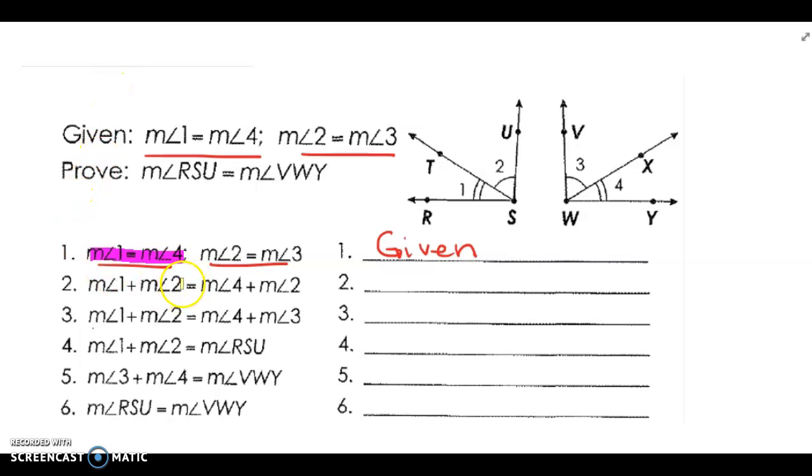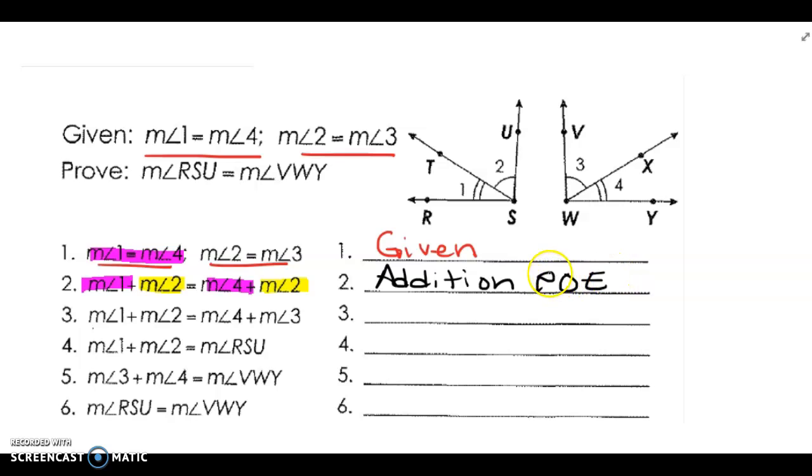Well, this is just line 1, but I added a measure of angle 2 to both sides of the equation. Let me highlight this so maybe you can see it better. So when you add the same thing to both sides of the equation, that is the addition property of equality.